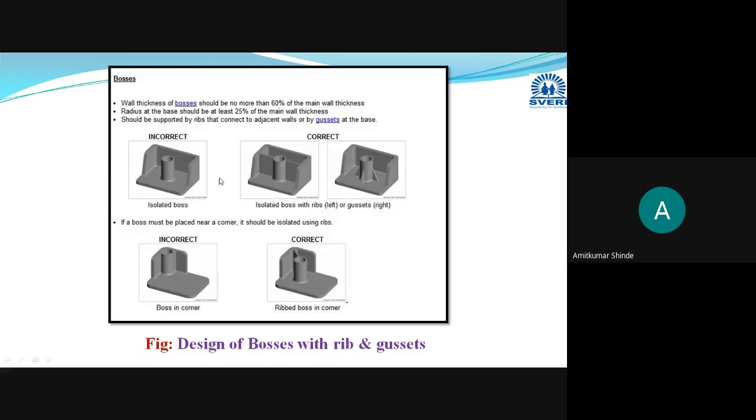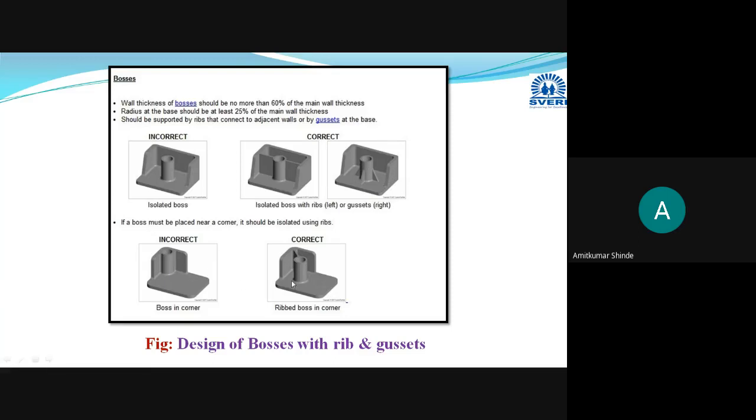I will show you the diagram. This is the boss designed away from the wall. From this side and from all 4 sides, you have to provide gussets or ribs. Generally, gussets are provided this way, on 4 sides, to give strength.